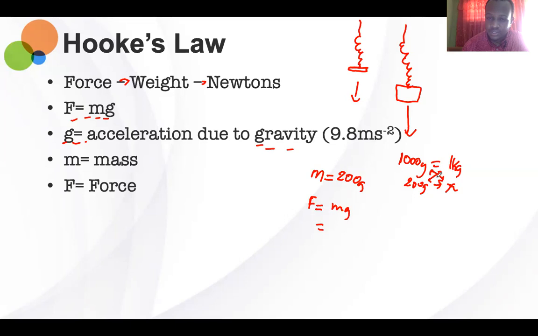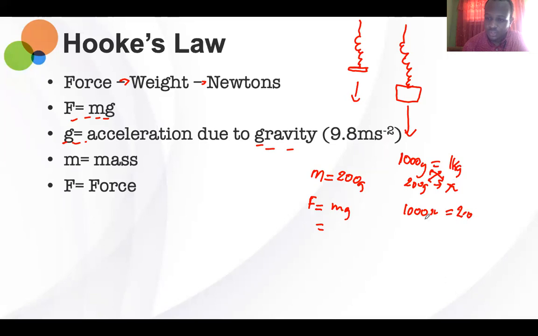Let's cross multiply. So we have x times 1,000, 1,000x, and 200 times 1, we have 200. Yeah, we have our algebra coming.